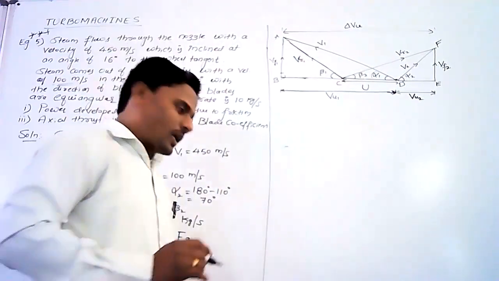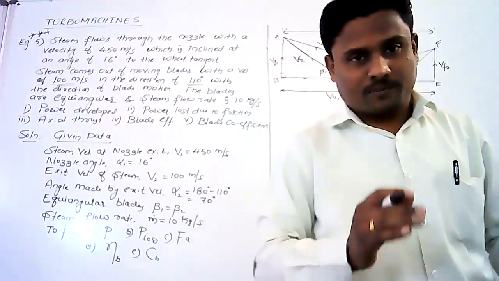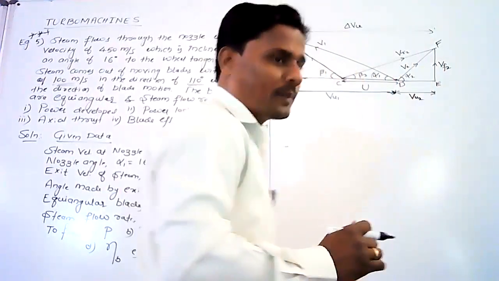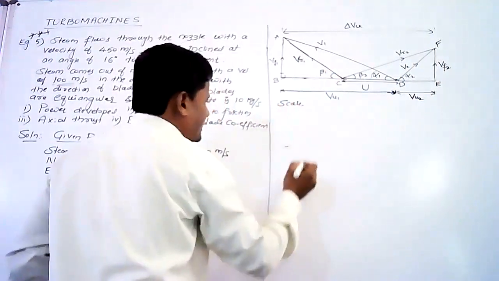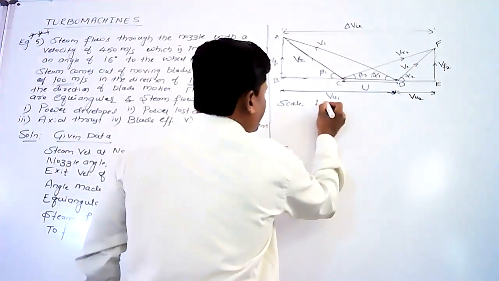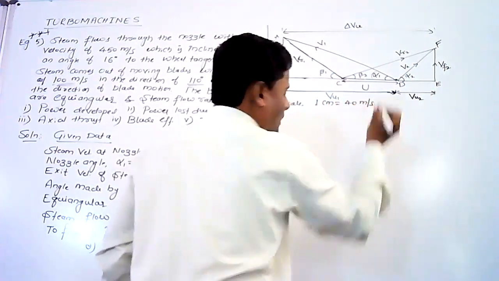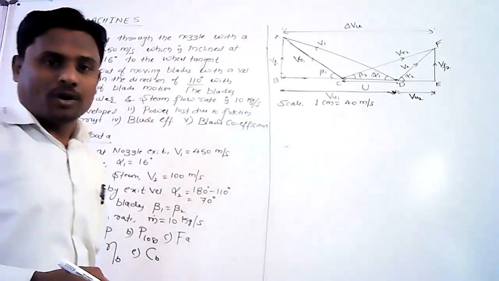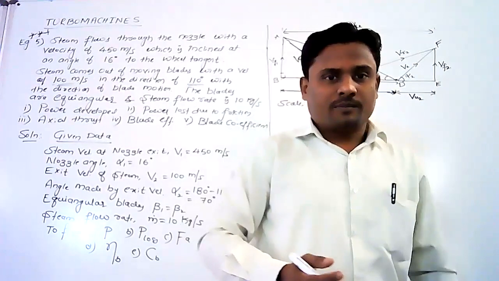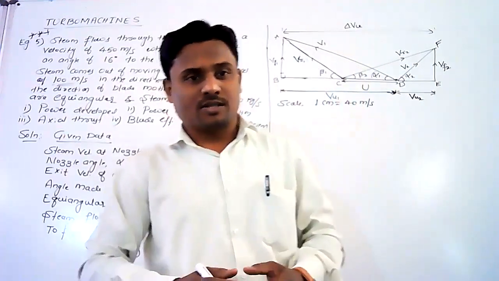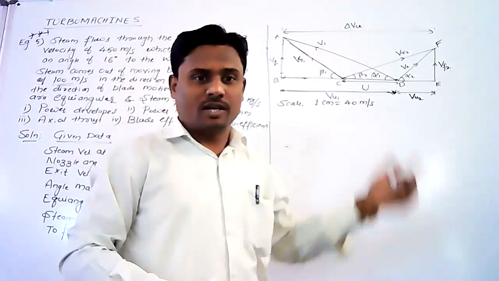Look here carefully. Before drawing the graph, we have to select the appropriate scale. Let us take the scale as 1 centimeter equals 40 meters per second. You can take 50, but don't take a larger scale, say 70 or 80.